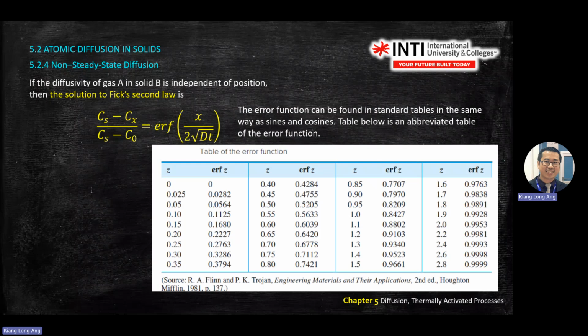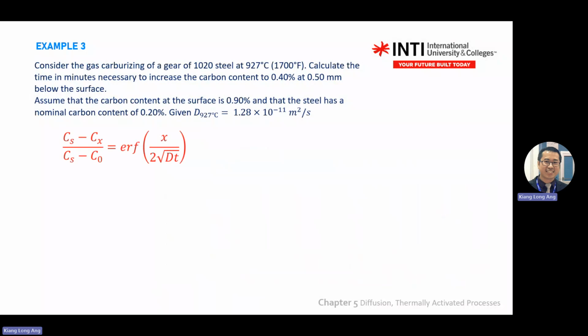ERF Z is this value, Z is this Z. So when you find the value, don't confuse it with the table. You have CS, the surface, 0.9%, and the original is 0.2.